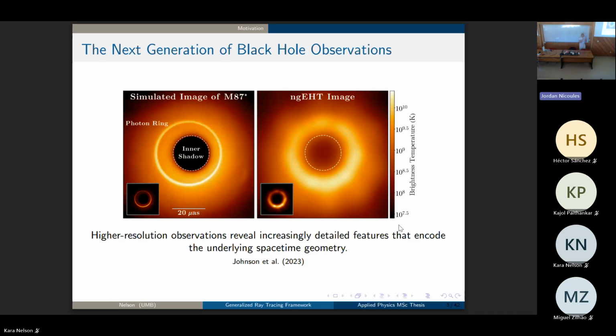We'll have more telescopes on the Earth, and also a telescope in space. So we'll have a more diverse set of baselines and longer baselines, and this will increase our angular resolution. Our images are going to get a lot better in the coming years, and we need a way to analyze these and decide what we're looking at.